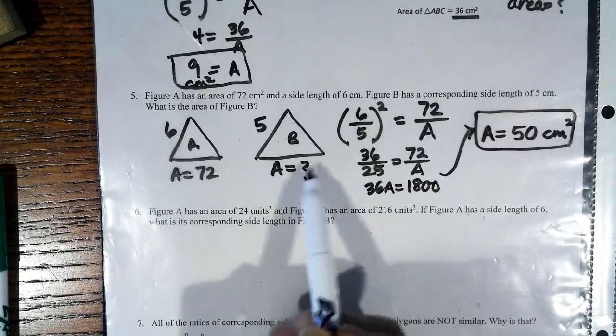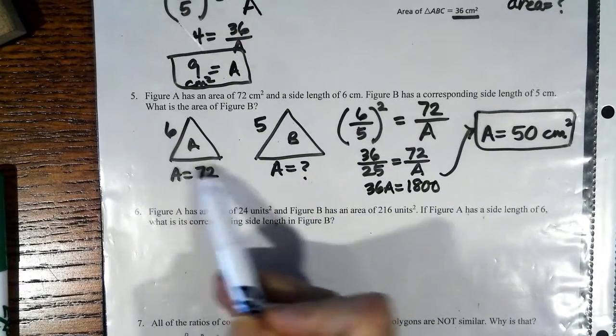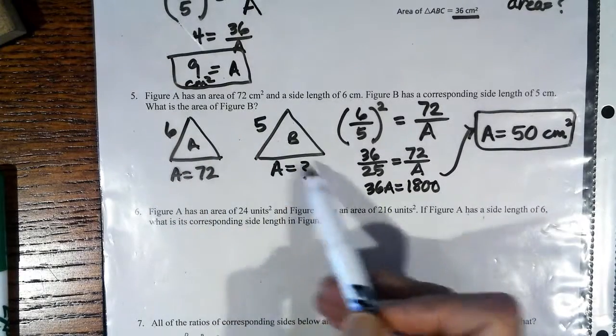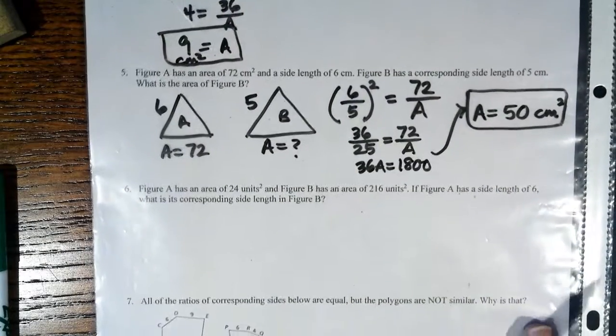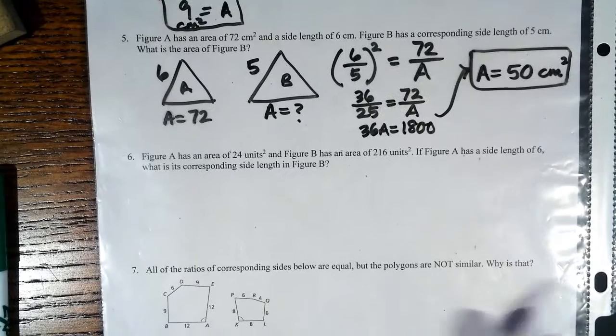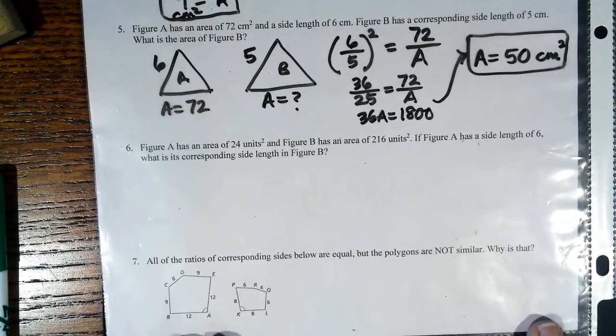Plus, this area is smaller, and that makes sense, because this side's bigger, bigger area, this side's smaller, smaller area. Always do that double check, to make sure that your answer doesn't sound crazy. And we're almost done here.